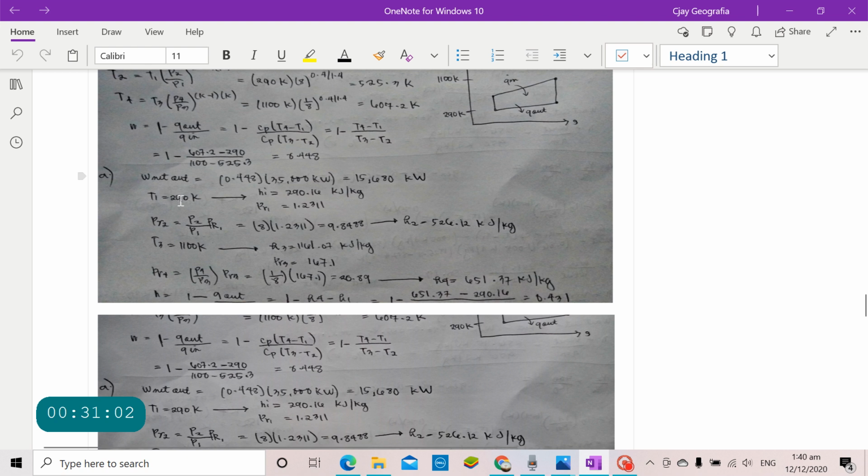For the T1, the value of H1 and PR1 at 290 is 1.2. We have to refer to this in the ideal gas table. Then PR2 is equal to P2 over P1 times PR1.